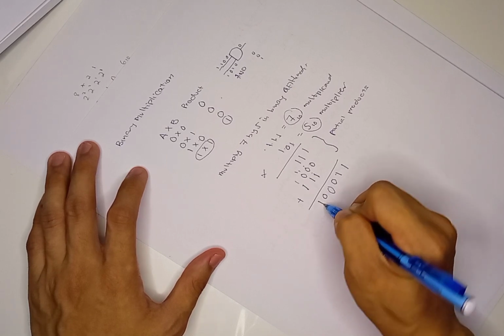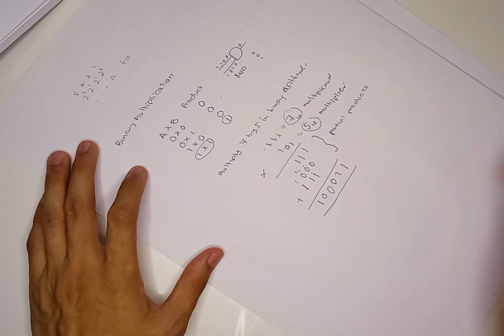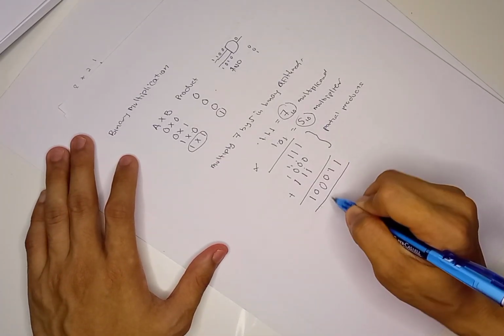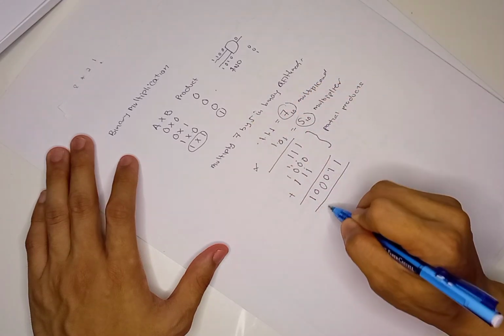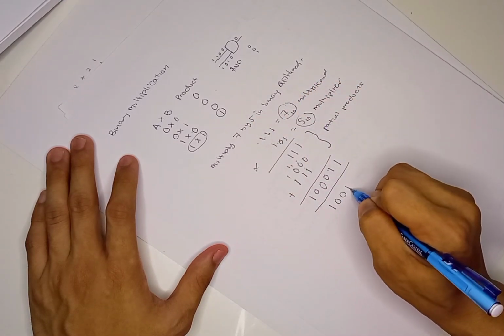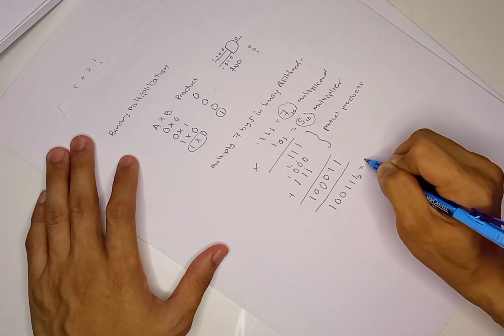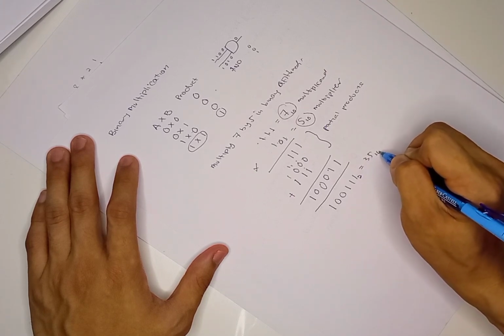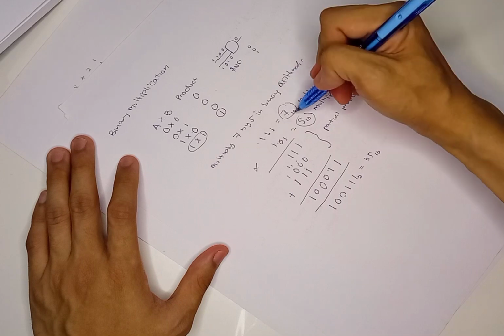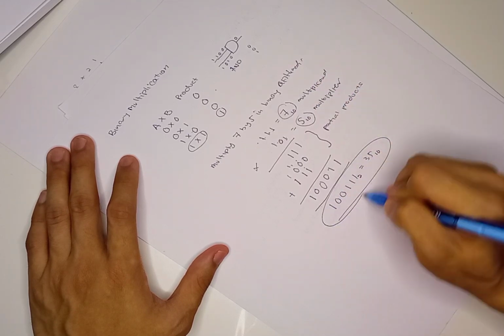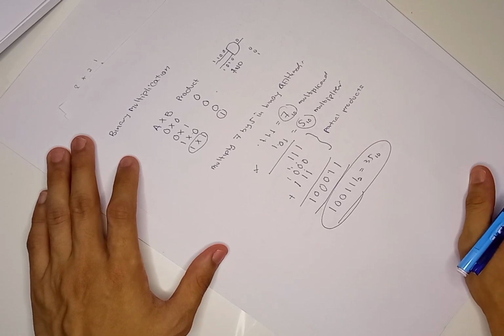So multiplying 7 by 5 gives 1 0 0 0 1 1, which is actually 35 in base 10, which you know, right? 7 times 5, you will get 35. So this is the result of the multiplication.